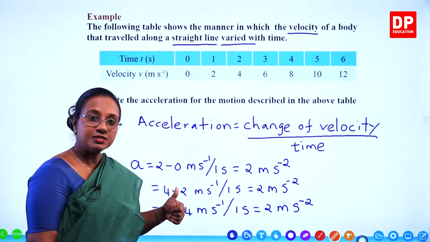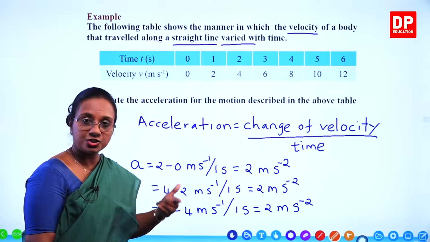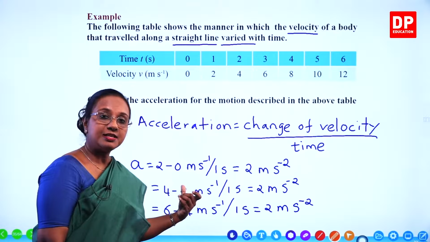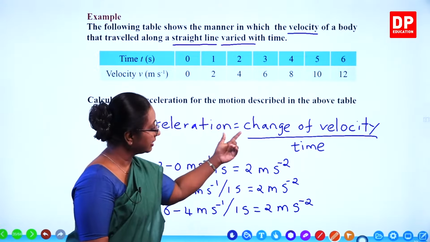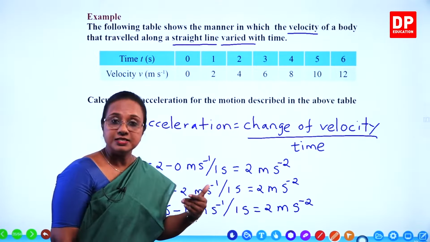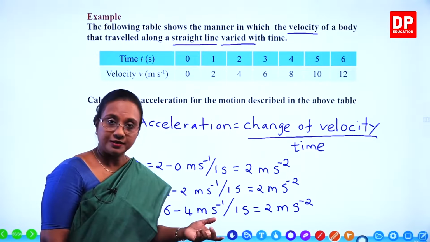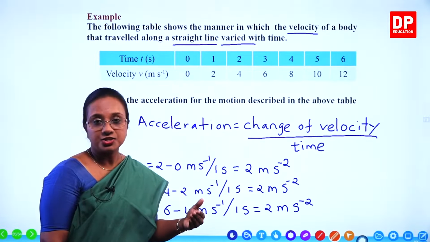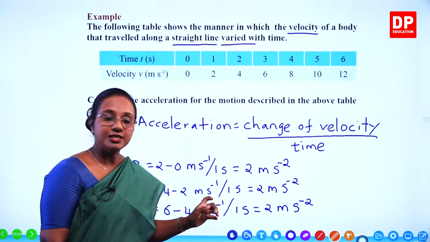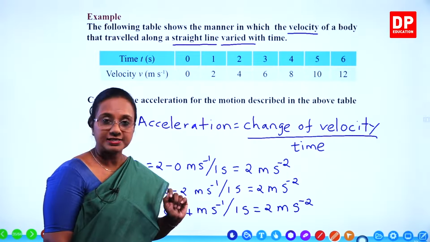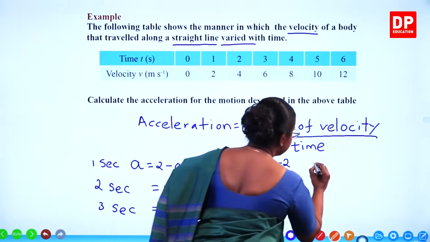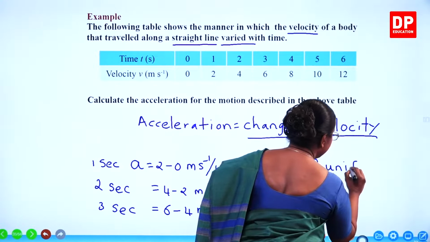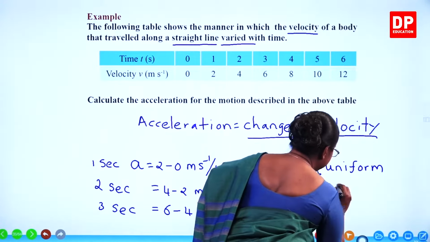So the magnitude hasn't changed, the direction also has not changed. And we know that acceleration, since it has a magnitude and a direction, it is a vector quantity. And since both the magnitude and direction do not change, we call this uniform acceleration. When you have the same value and the direction, it is known as uniform acceleration.